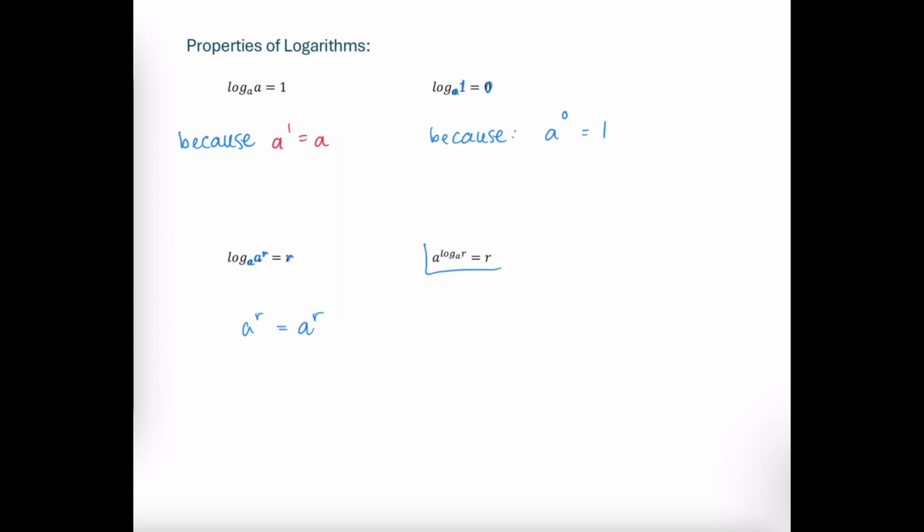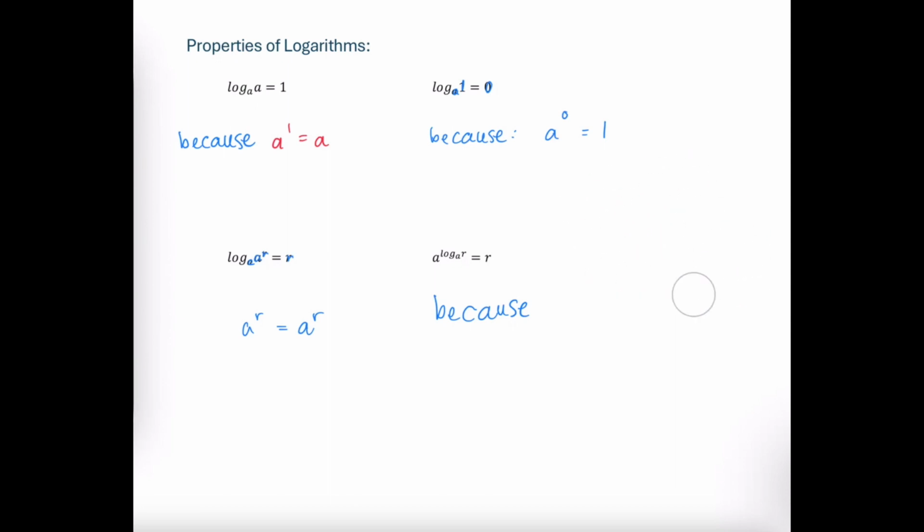This one is a little bit trickier to see, so we're just going to jump straight to that proof. And essentially what we're going to notice here as a pattern is that the base of this is actually exponential form, right? Because I have a base that is being raised to a power. Now, there is a logarithm in that power, true, but because we have a base raised to some power, we would say this is in exponential form.